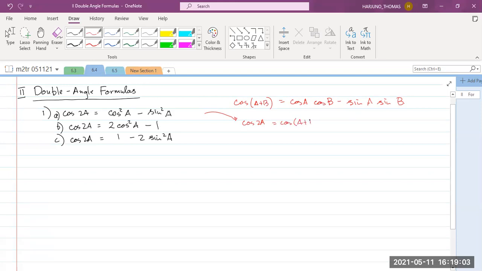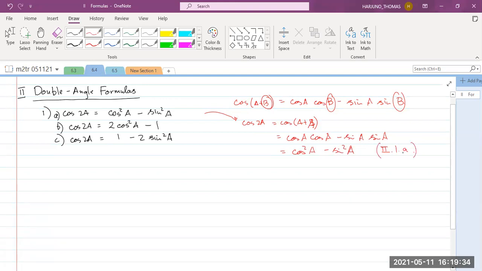In other words, I replace the b's by a's, right? That's cosine a times cosine a minus sine a sine a. But that's what we have in the first formula. Okay, that's 2, 1, a.